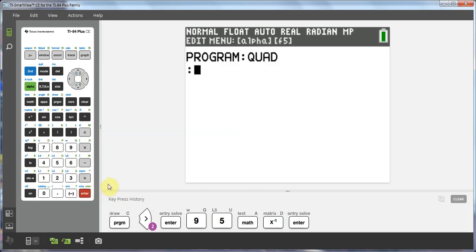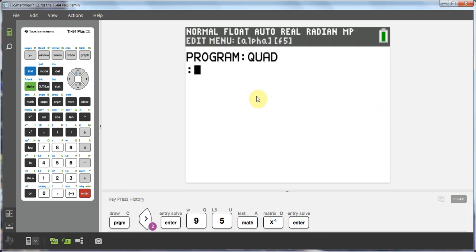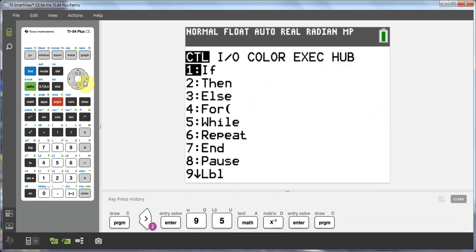Okay. And then if you notice here, the quadratic formula takes in 3 inputs, A, B, and C, and it produces 2 outputs. So that's what we're going to do here as well. We're going to prompt. So now that we're writing the program, if we hit the program button, we get this new menu that shows up.